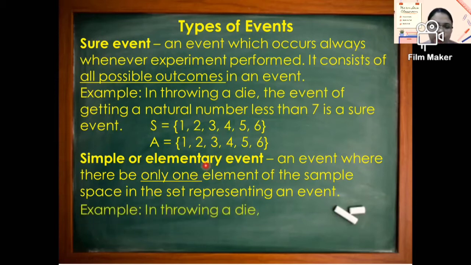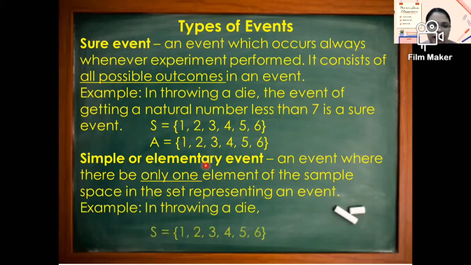Remember, kung ang ating experiment ay throwing a die, ang ating sample space ay lagi po hindi magbabago yan. Meron tayong laging 1, 2, 3, 4, 5, 6 na list of possible outcome. Okay? Kaya siya tinatawag na sample space. Therefore, ang ating event, halimbawa, ang naging event lang natin is 5. It simply shows that we only have one and only element.